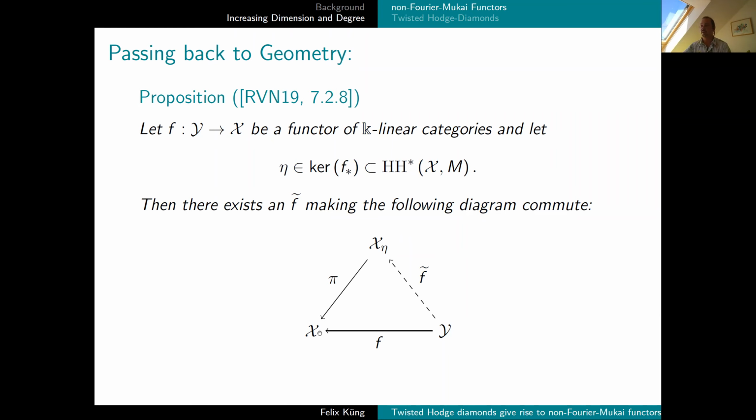So if our embedding goes from X into P^n, then we can suddenly embed X_eta into what corresponds to P^n. And so we can immediately go back into the geometric world.